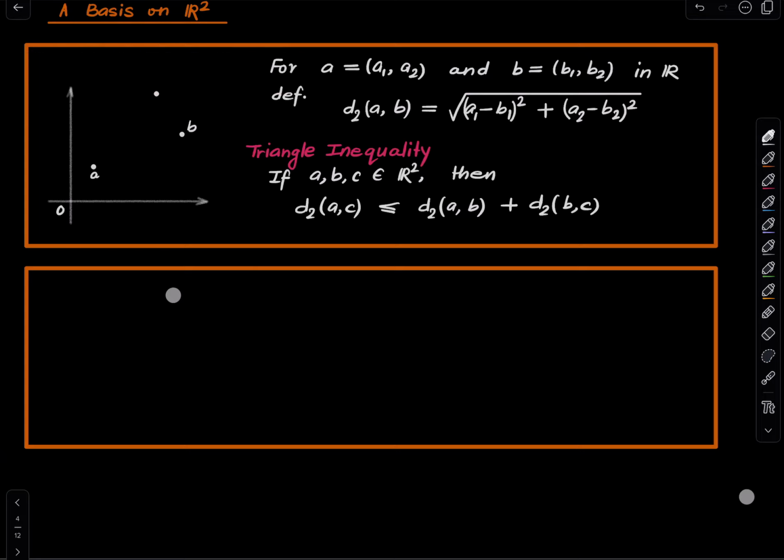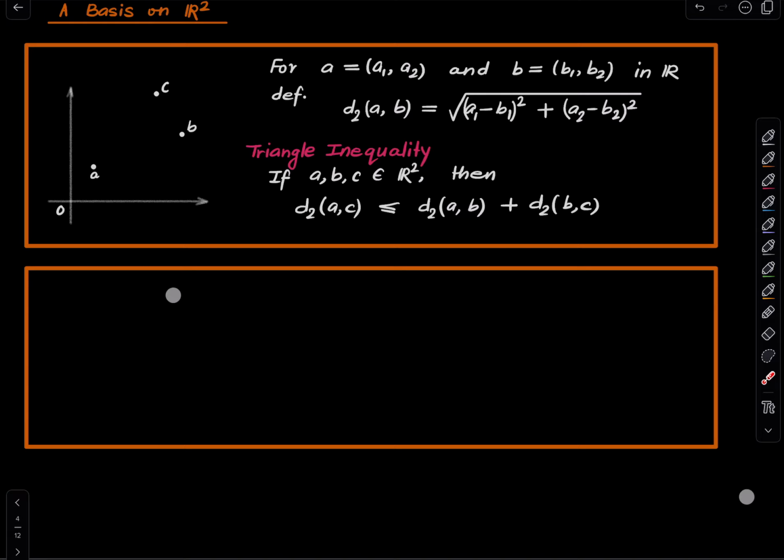So let's say here we have a point C. All this is saying is that this distance is at most this distance plus that distance. So to reach from A to C, if you take a detour, if you visit another city in between, you will be spending more fuel. That's the colloquial way of expressing it. You should prove it by using the formula. That's the only way to prove it. So I leave the proof of it as an exercise, but I am sure you have seen it earlier.